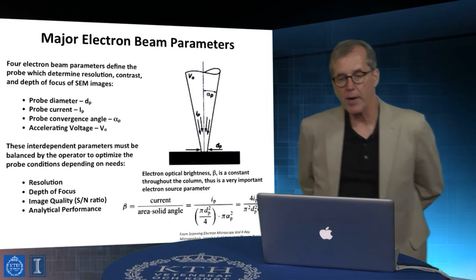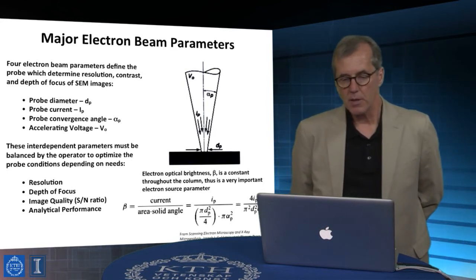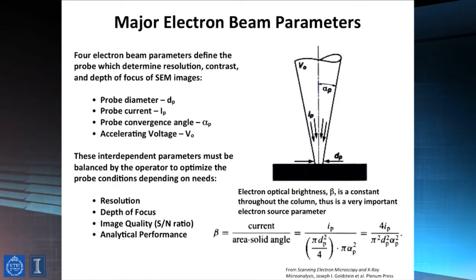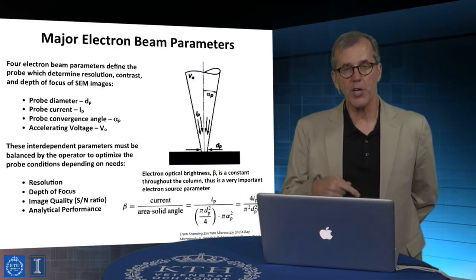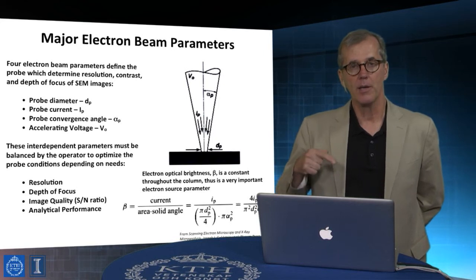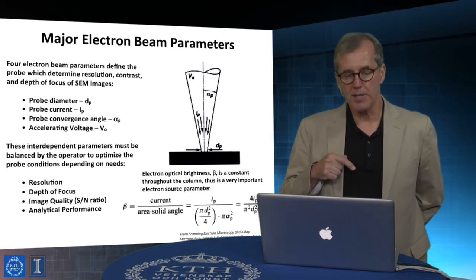So the major beam parameters that are important are ones related to beam diameter, which fundamentally impacts what the spatial resolution is. The probe current, because we very much care about the rate at which we're injecting electrons into and impacting them on a sample.